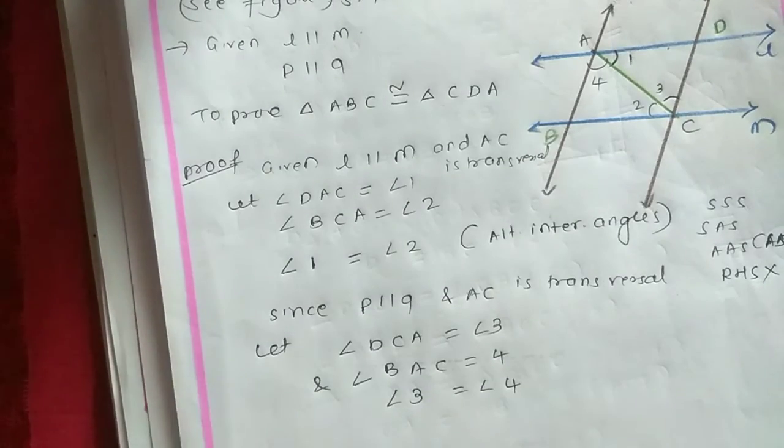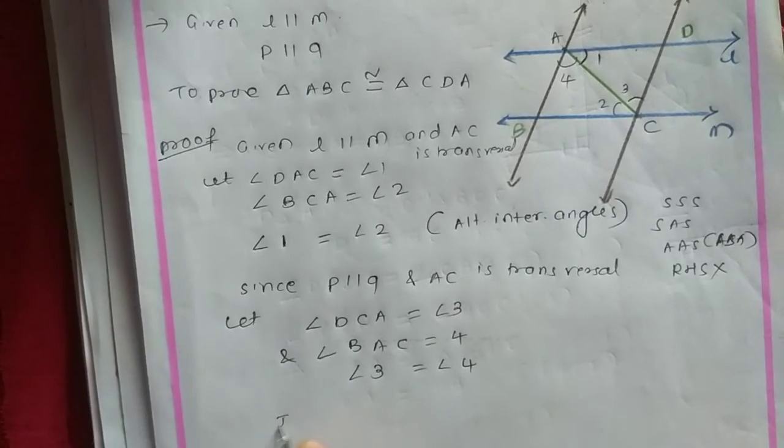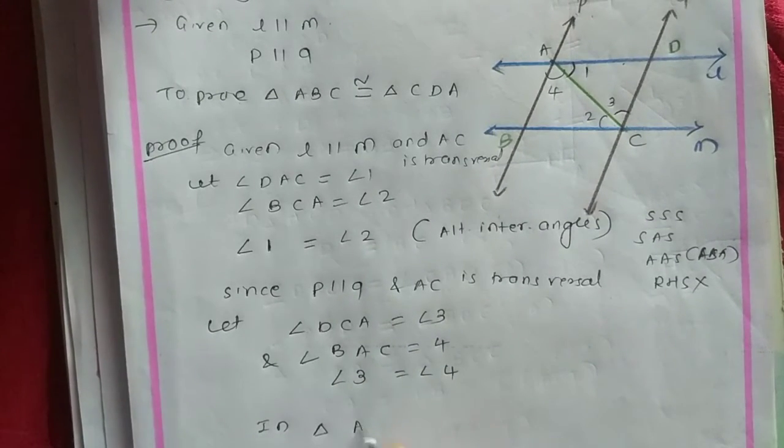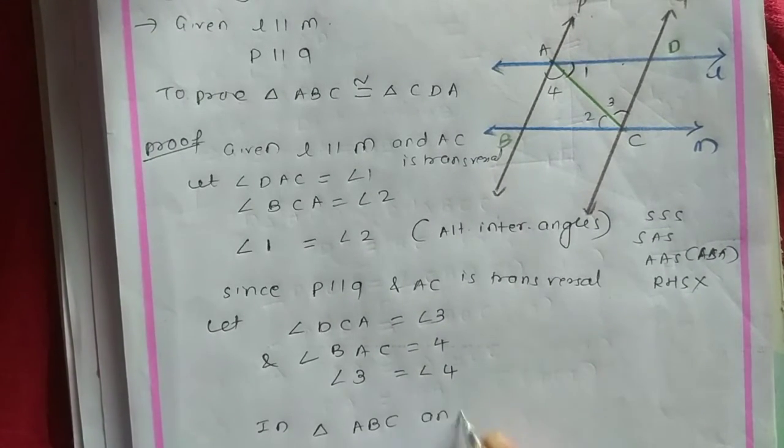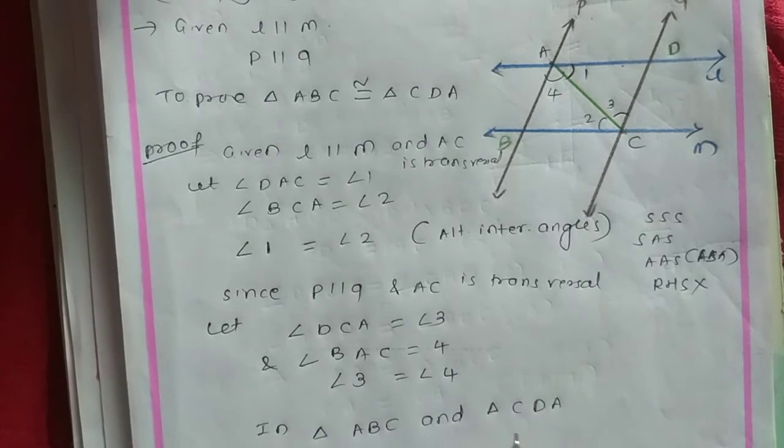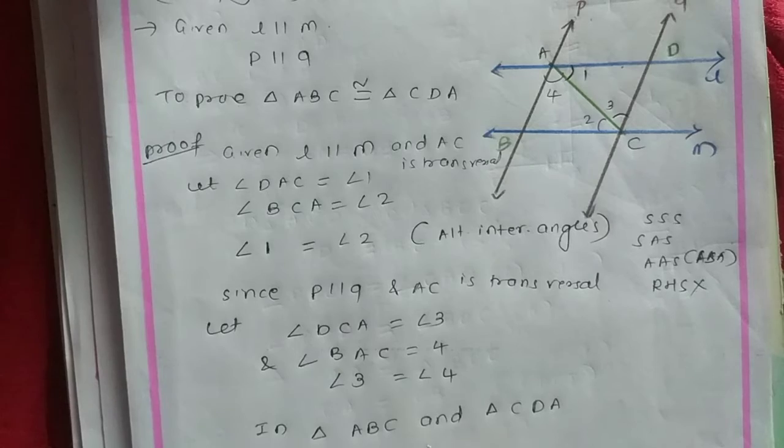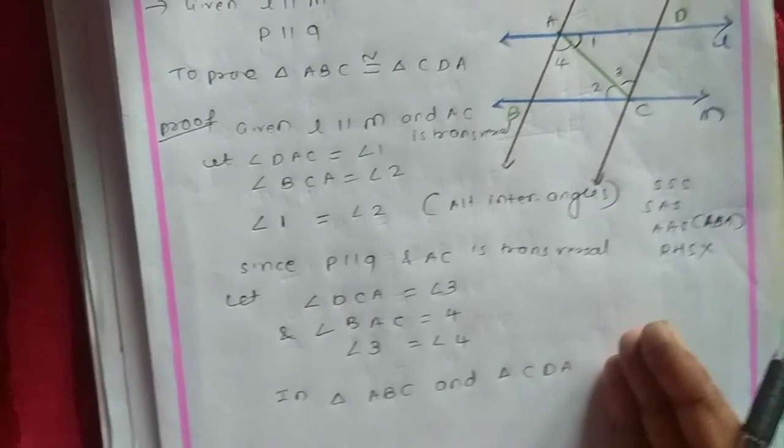Now we will come to our actual proof. We have to prove that triangle ABC and triangle CDA are congruent. So write those triangles, and the parts of ABC write on the ABC side and parts of CDA write on the CDA side.